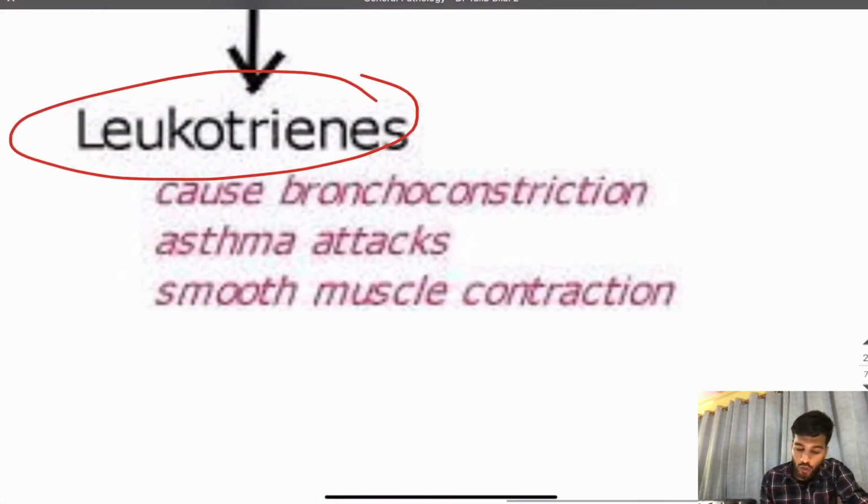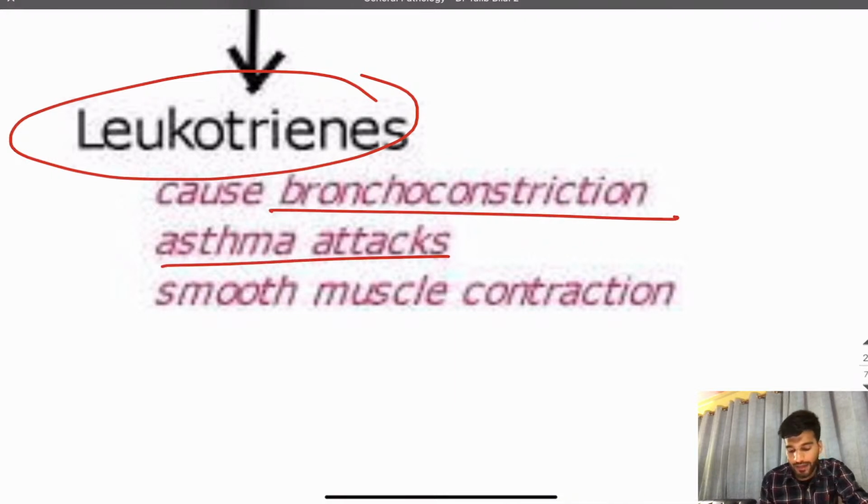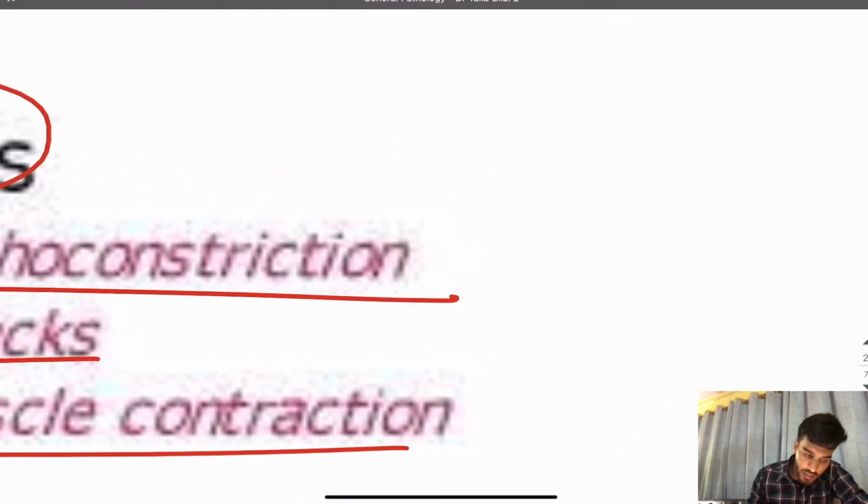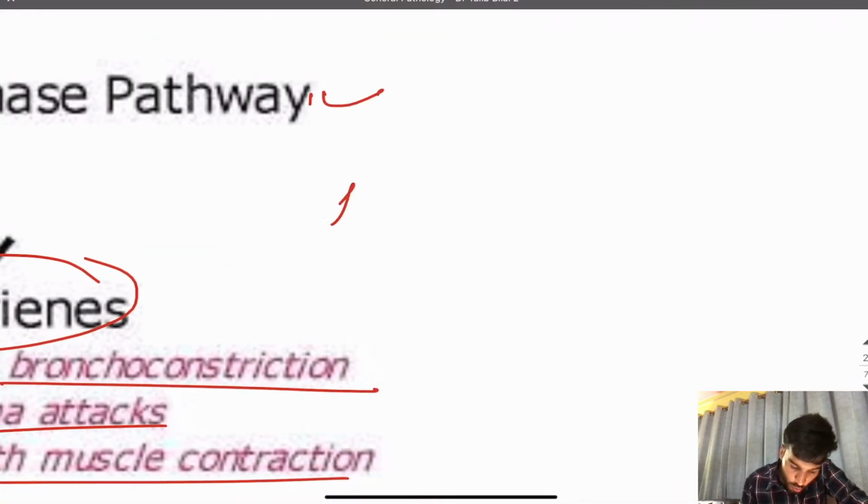In asthma, what happens? Leukotrienes are raised and they will cause bronchoconstriction, asthma attack and smooth muscle contractions. That's why what drugs will we give that will stop the leukotrienes? The question: what are the leukotriene receptor antagonists? Write down in the comment section, what are the drugs?